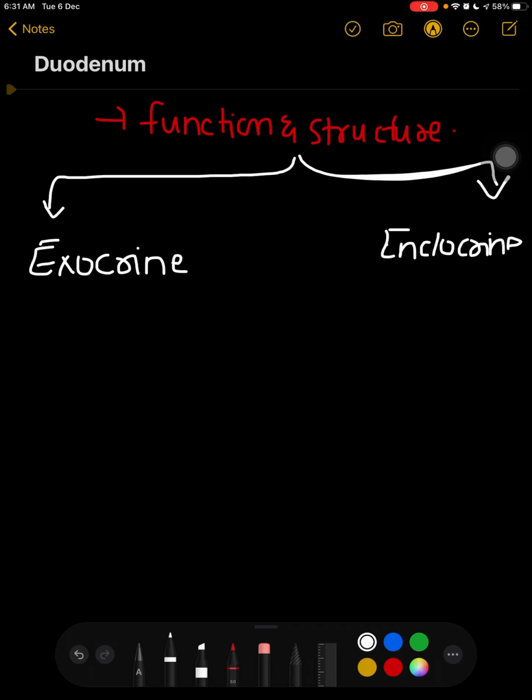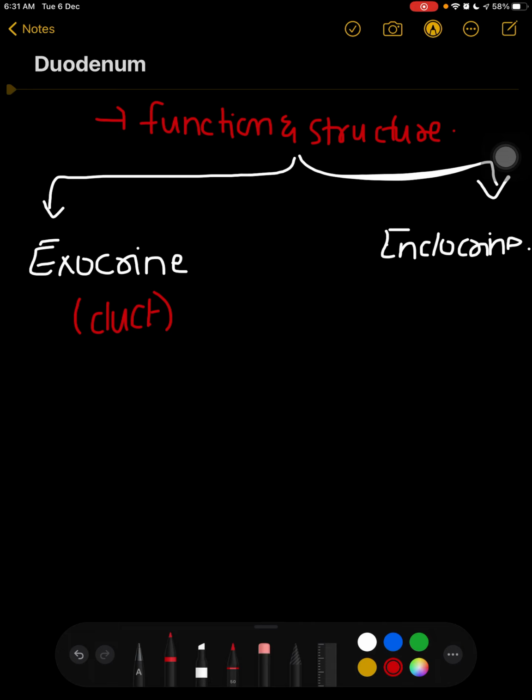Remember this thing: whenever I talk about an exocrine gland, what does that mean? It means that a duct is present. The secretion is transferred from one place to another by the help of the duct, so that's why they are known as exocrine glands.